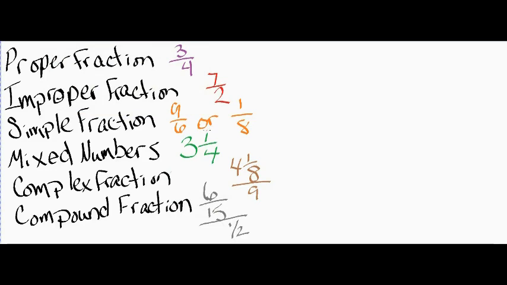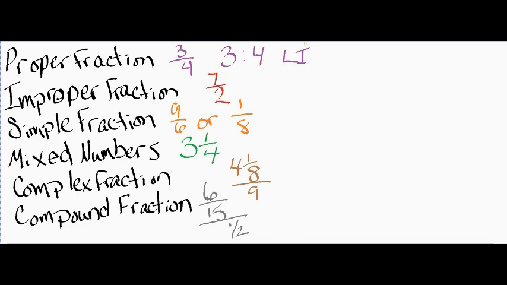So if we're looking at a proper fraction, again, it is always going to have a smaller numerator than a denominator. So if we're just looking at writing it, we're going to put our numerator as our antecedent, place our colon, and then put our denominator as our consequent. As you can see, our antecedent is smaller than our consequent, so this is going to be a ratio of lesser inequality.